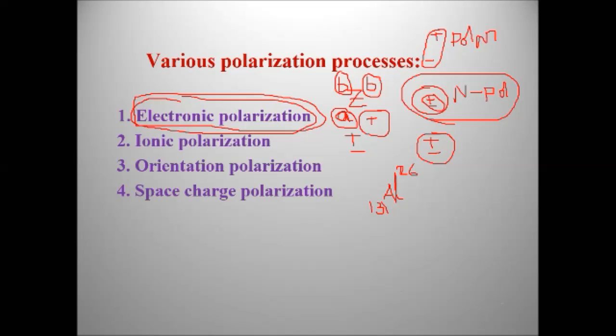Aluminum has 13 protons. Protons are indicated with positive charge, and this indicates that the same number of electrons is revolving around the nucleus.